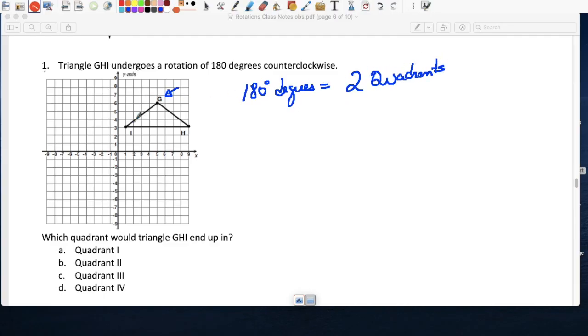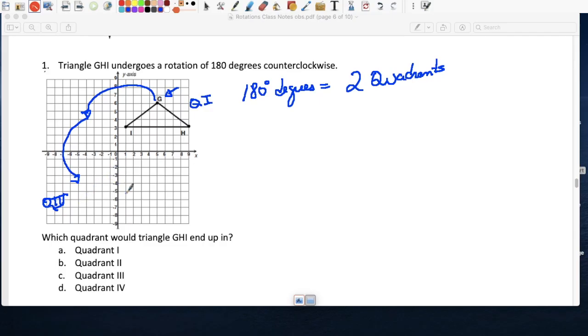So point G, and everybody else is going to follow suit. Point G is going to travel one quadrant, and then it's going to travel another quadrant. So point G, who is in quadrant 1 right now, will end up in quadrant 3. Right? So every point that is in quadrant 1 will end up in quadrant 3.